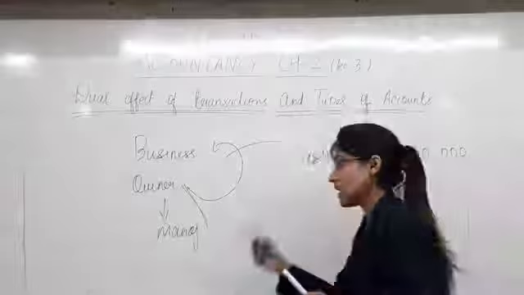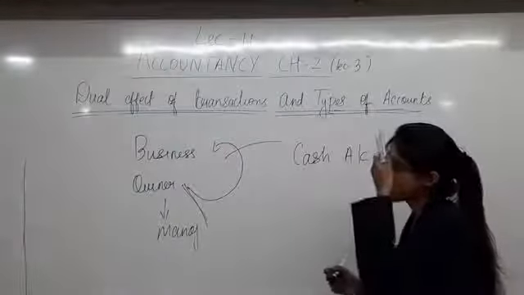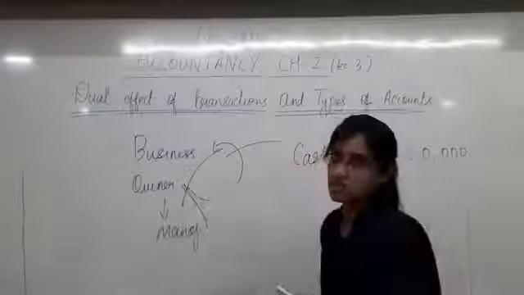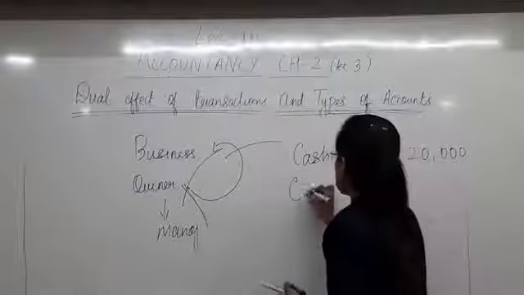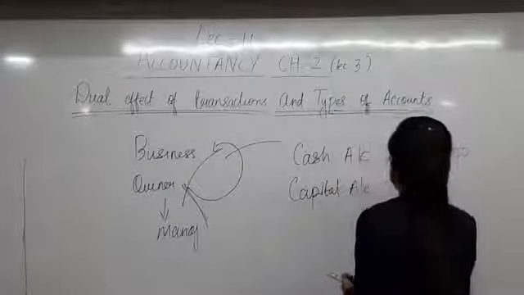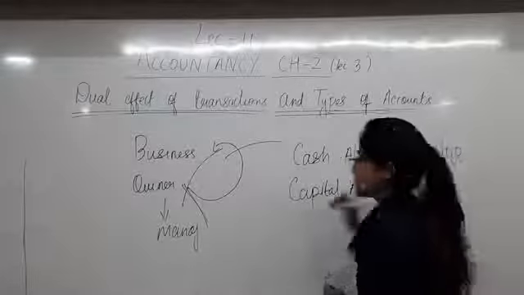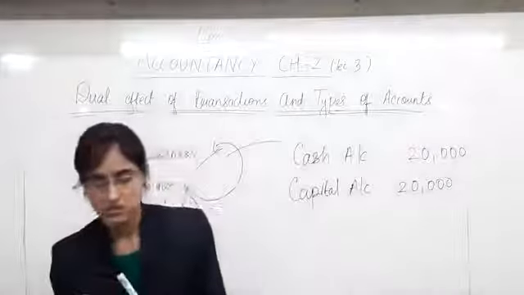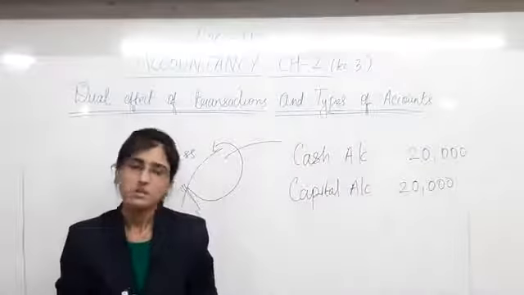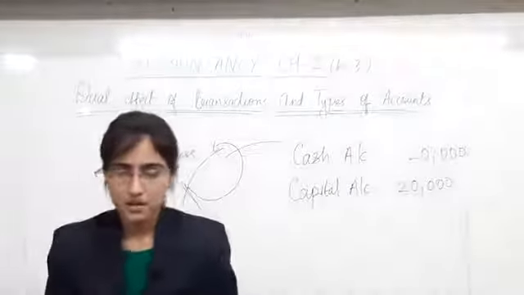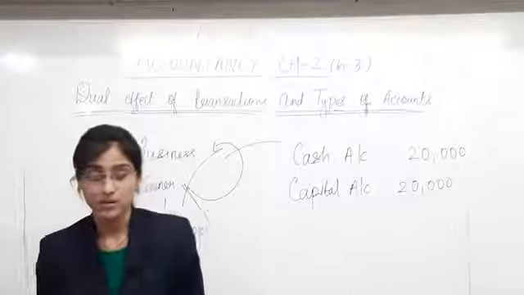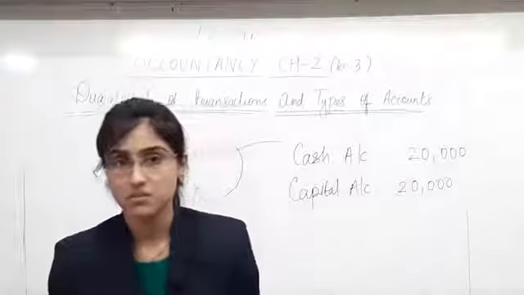So anything that is brought by the owner, that is invested by the owner in business, is what? Is capital. How much capital did the owner invest? 20,000. Simple. So these are the two effects. I repeat, Manoj commenced business with introduction of capital of rupees 20,000.